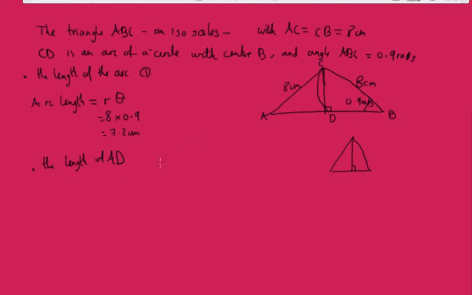So we're going to use the cosine rule to find BD. BD must be equal to the hypotenuse, which is 8, times the cosine of 0.9.